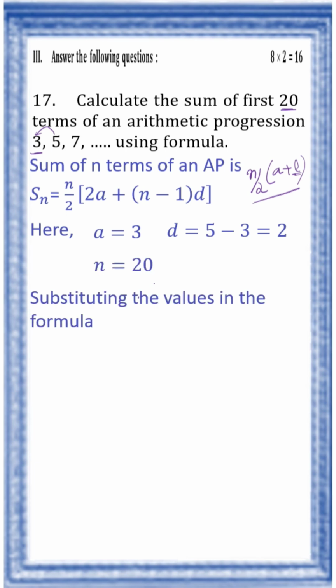Now let us substitute the values in the formula. S20 is equal to 20 by 2 into 3. A is 3, N is 20 minus 1, D is 2.